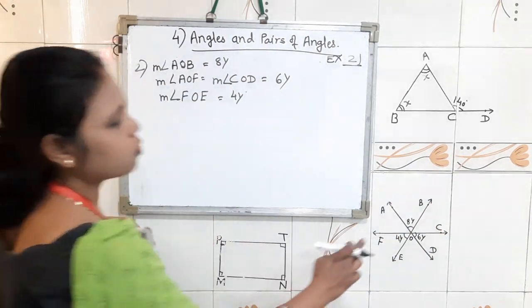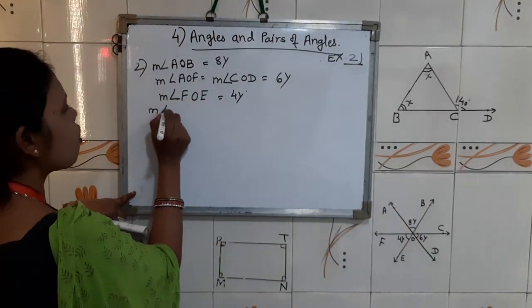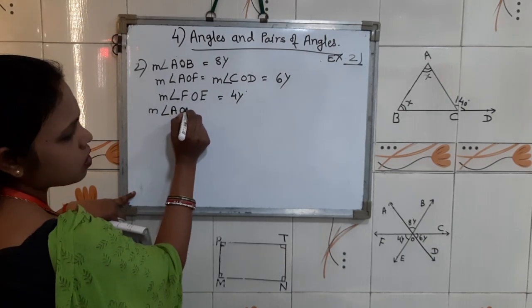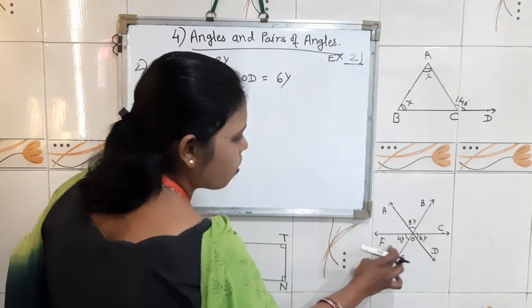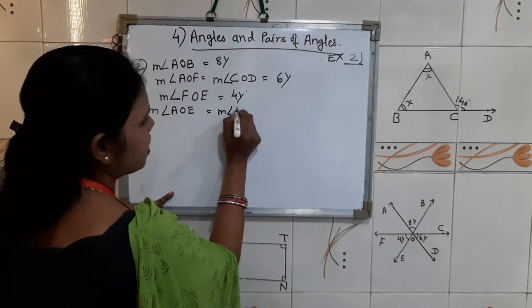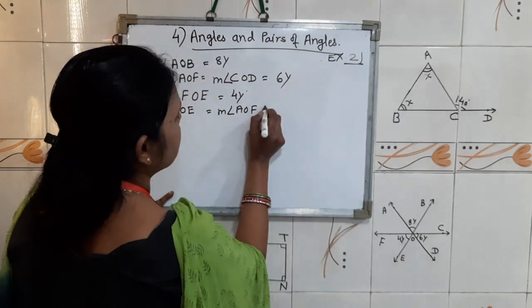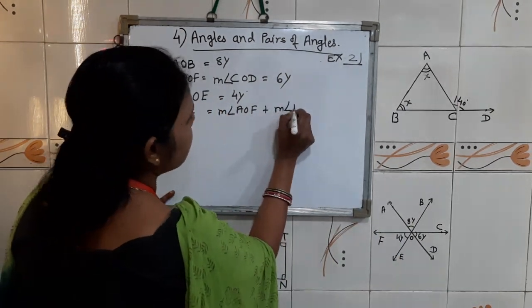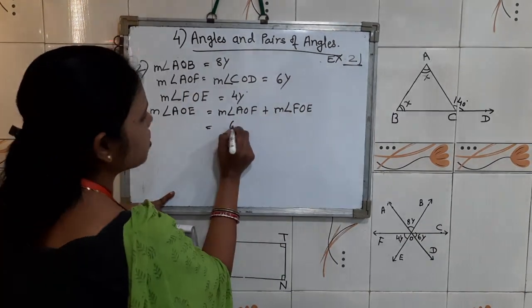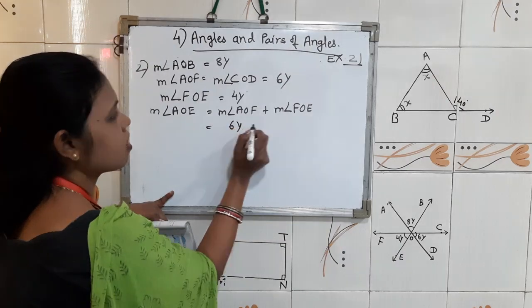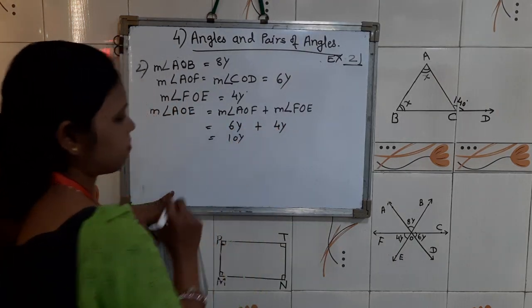First, what we will do, measurement of angle AOE equal to measurement of angle AOF plus measurement of angle FOE. AOF 6y plus 4y equal to 10y.